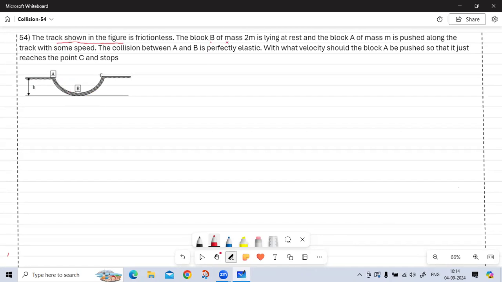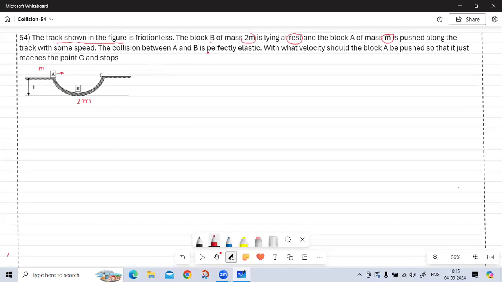The block B of mass 2m, this is block B whose mass is 2m, is lying at rest, so it is lying with zero velocity. And the block A of mass m, this is block A whose mass is m, is pushed along the track. That means it is pushed and then it follows the track.